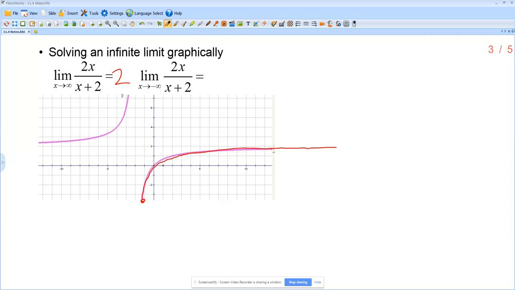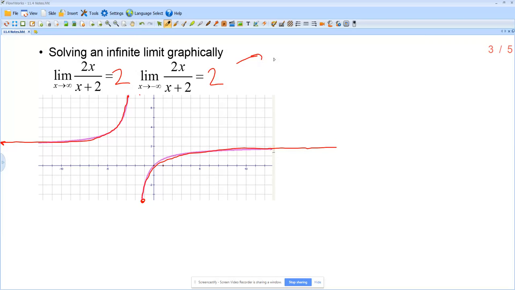Now the limit as x goes to negative infinity. Again I'm starting along here, moving towards negative infinity, and what we're looking to see is whether we are going towards some value as we go infinitely to the left. As I go infinitely to the left, I continue to get closer and closer to 2. So the limit to positive infinity and to negative infinity is 2.